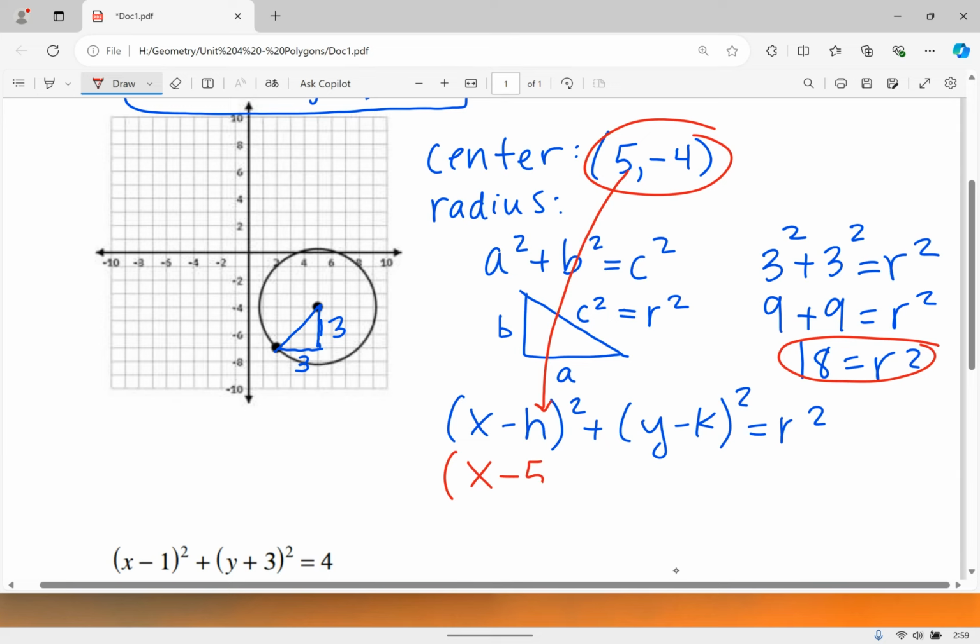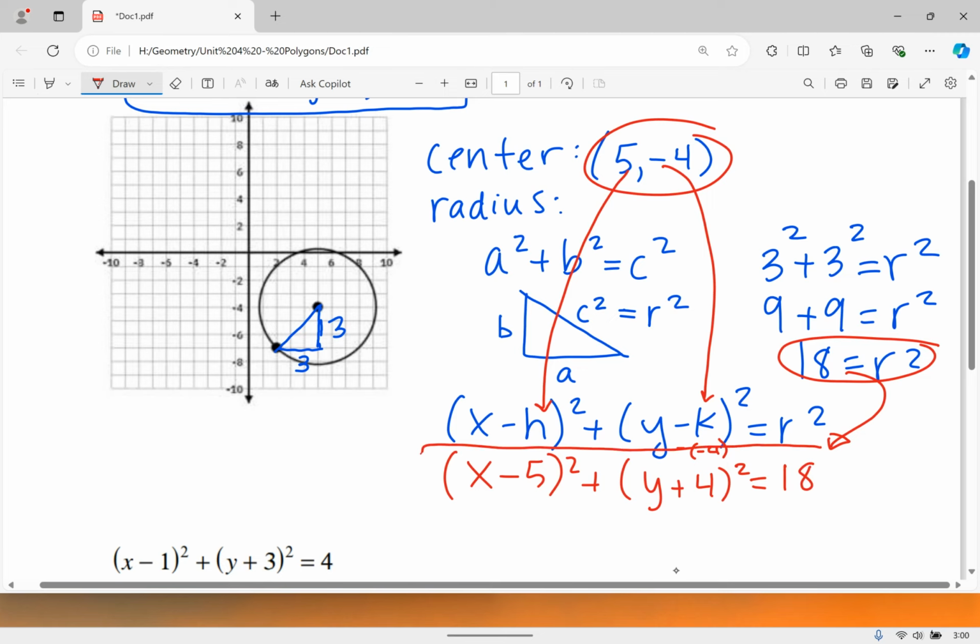So minus 5, so it's x minus 5 squared, and then it is minus a negative 4, so that's going to turn it into a positive 4. And then we will use the value from our Pythagorean theorem to put here at the end. This will be the equation of the circle based on the graph.